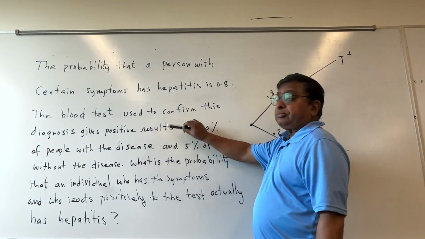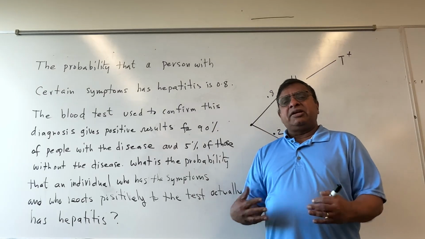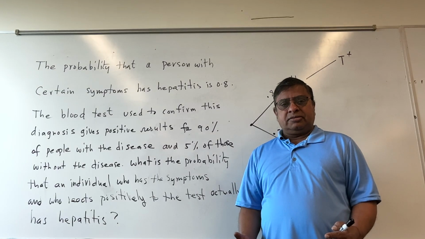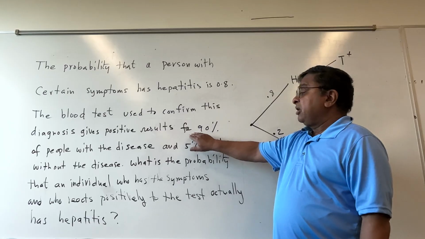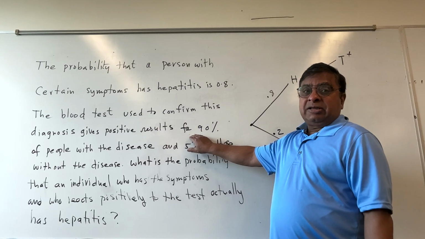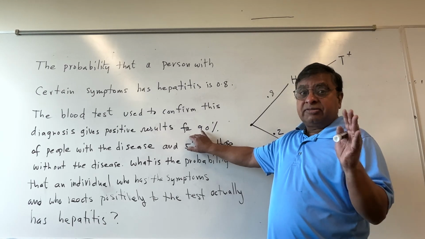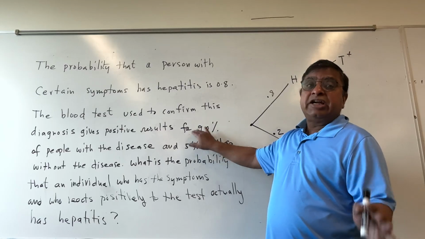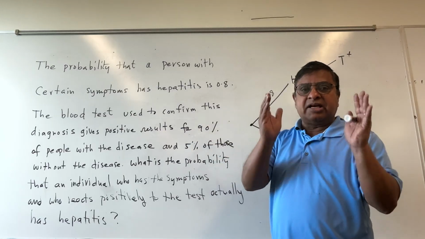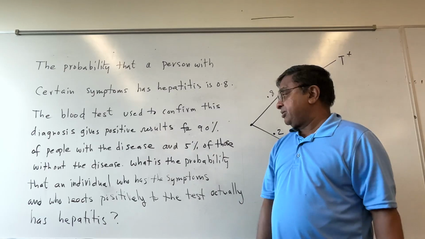And to confirm whether a person has hepatitis or not, they do a blood test. And the blood test, if it's a positive test, confirms 90% of the time, yes, this person has the disease, has hepatitis.